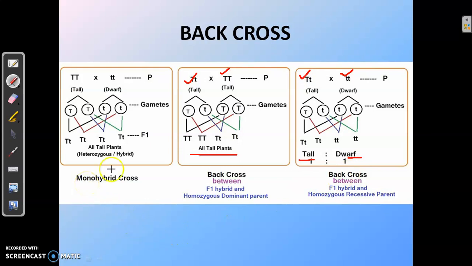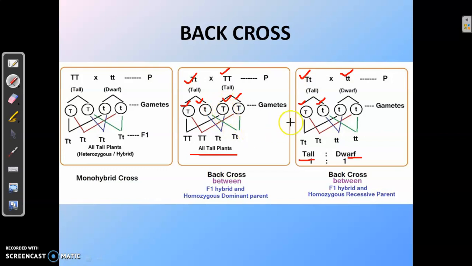In the first case, we see that the hybrid plant produces two types of gametes, that is capital T and small t, whereas a homozygous tall parent produces a single type of gamete, that is capital T. Now, when a heterozygous tall is crossed with a homozygous tall, we get all tall plants, which are phenotypically tall.